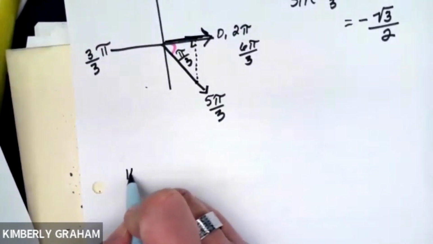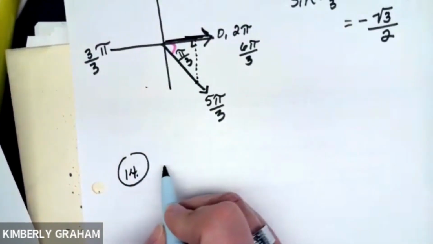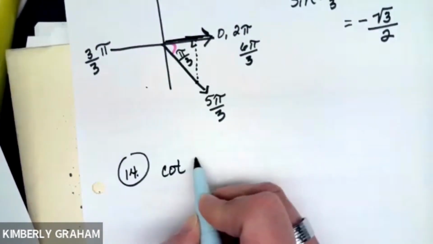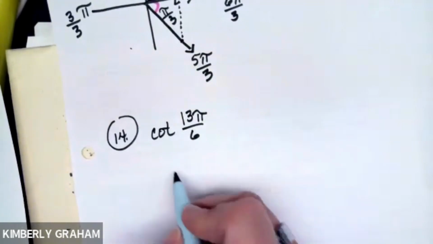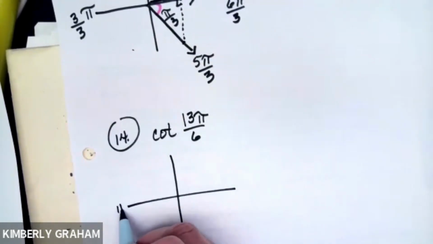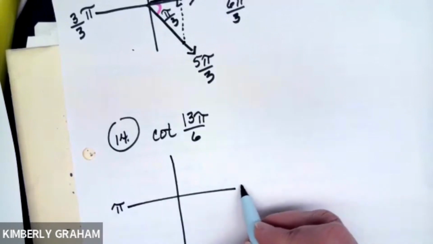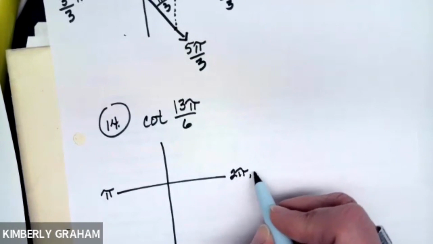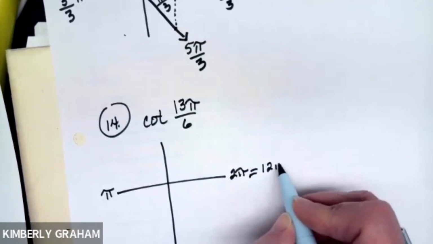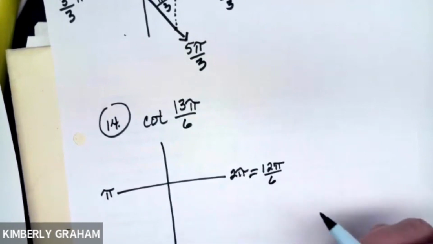So let's look at problem 14. I have the cotangent of 13 pi over 6. So first step is to sketch this. This is pi. This is 2 pi, and I know that I can also write that as 12 pi over 6.